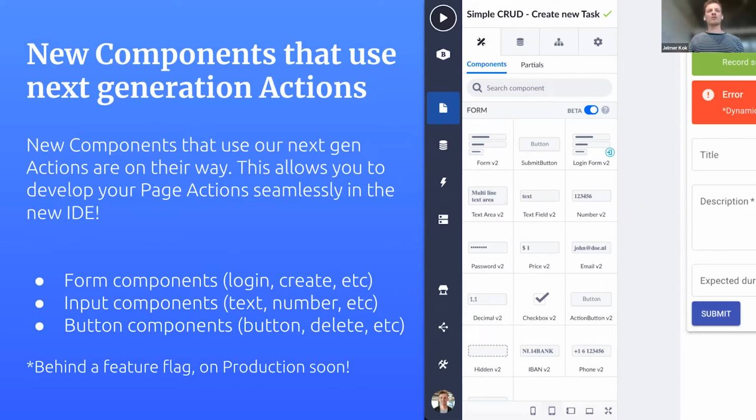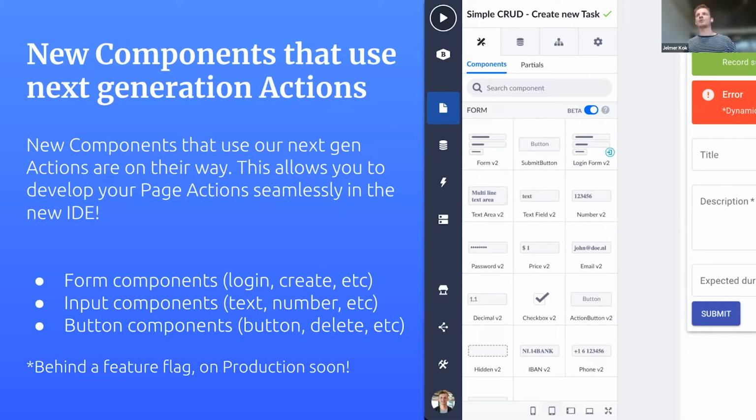This is currently also behind a feature flag, but we've worked on it very hard with a couple of teams. And as you can see on the right with the screenshot, in the page builder, there will be a toggle to use the new components that use the next gen actions, such as a form, a login form, just a normal form, but also an action button.